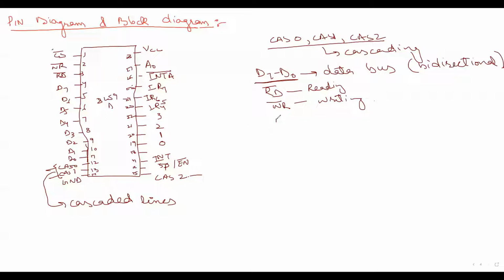The A0 pin, we will see its functionality. This is also called the command select address pin. Then the CS pin is chip select.